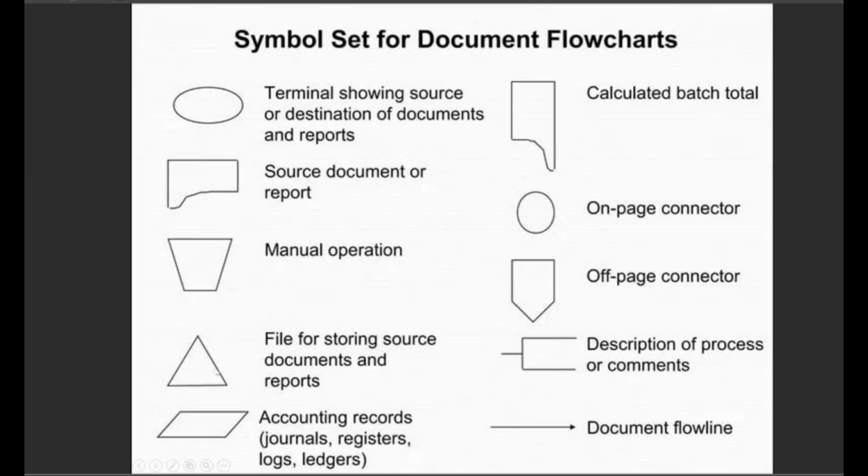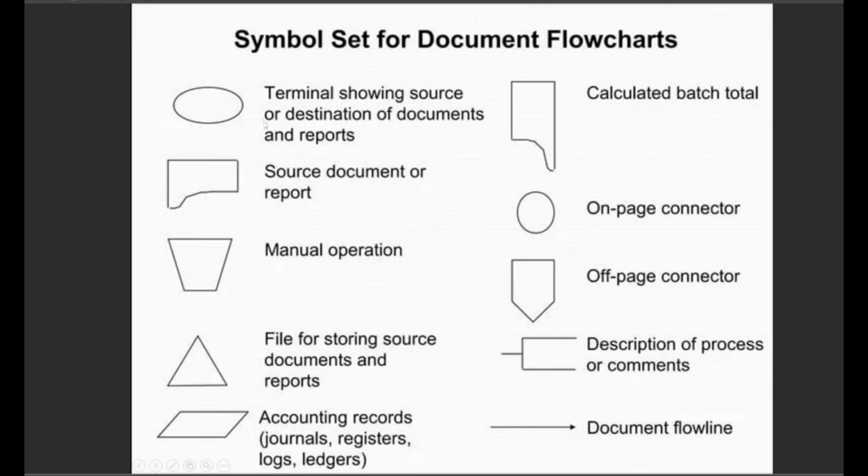We also have here a parallelogram, or a slanted rectangle. It represents accounting records. It might be a journal, register, logs, or ledgers. These are just accounting records, so this is actually visible in an accounting information system.